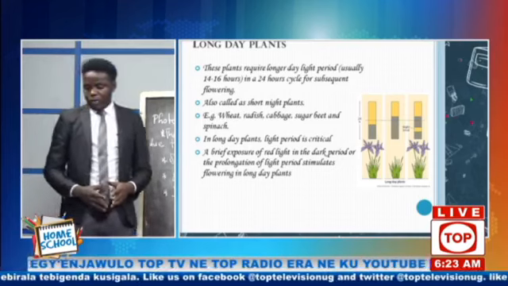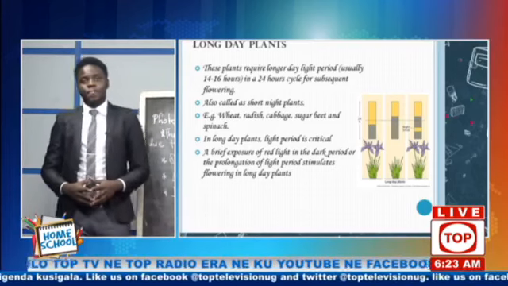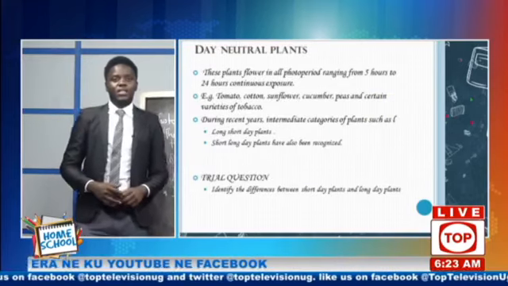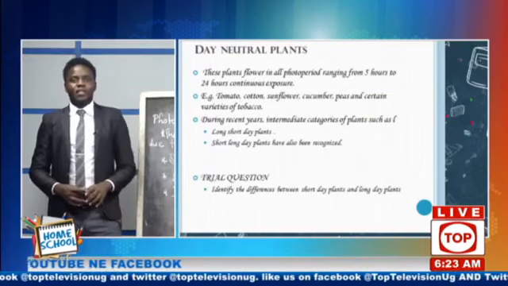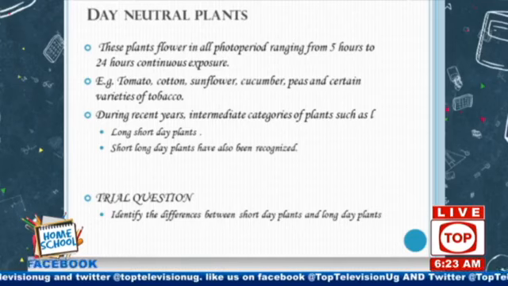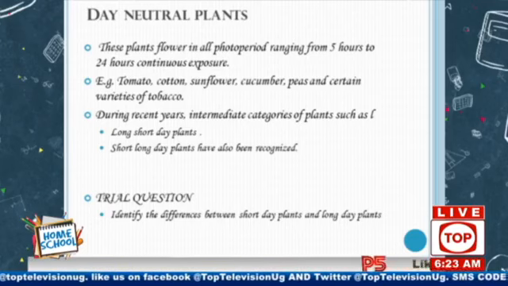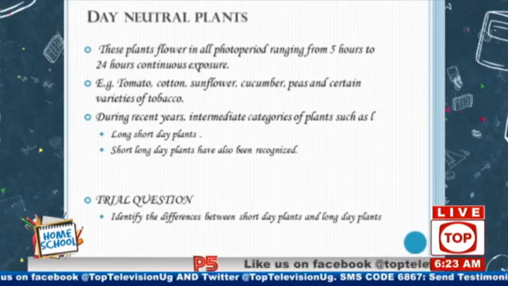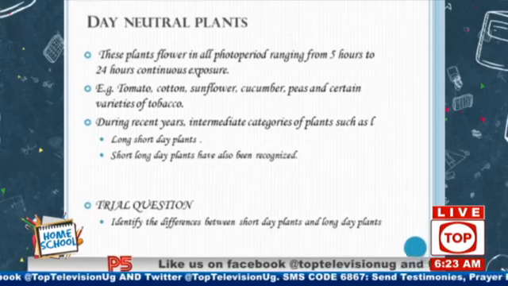Very quickly, if we look at the day neutral plants, like I said, these are plants that flower in all photoperiod ranges. They can flower when they are provided with 5 hours of light, and they can flower when they are provided with 24 hours of continuous exposure to light. They flower all the time.